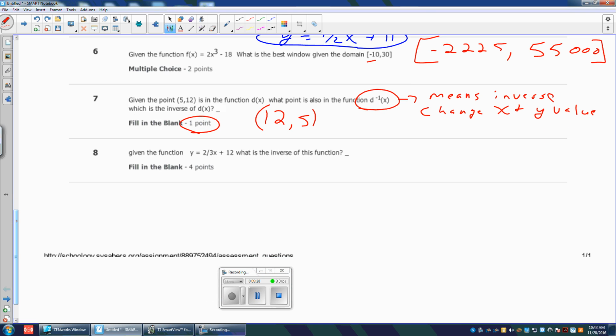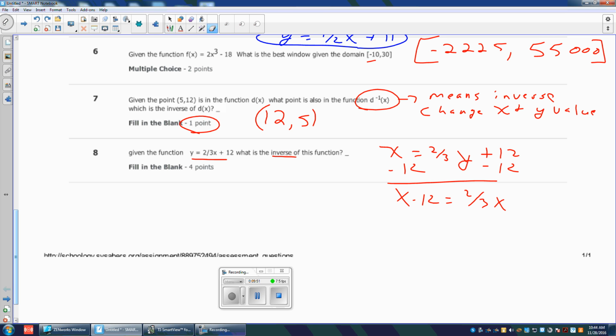Number 8, given the function y equals 2/3 x plus 12, what's the inverse of this function? That just means change the x and y's and solve for y. So you subtract 12 from both sides. X minus 12 equals 2/3 y.